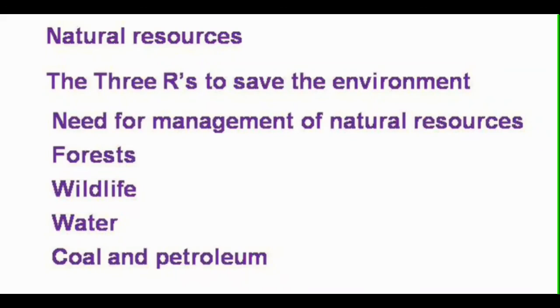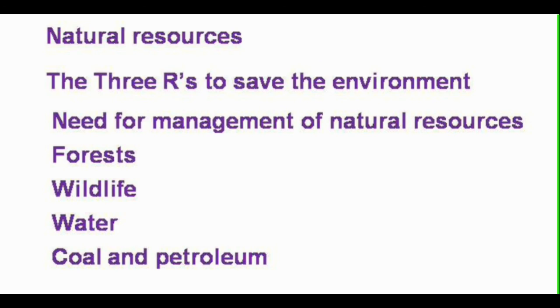Now, to conclude, let us have a little recap of what we have understood in this chapter. In this chapter, we should remember that we are talking about natural resources. We should remember that there are 3 R's we can use to save the environment.